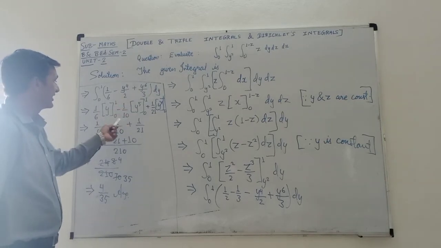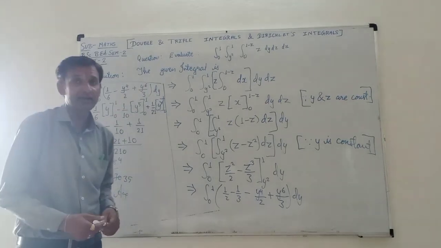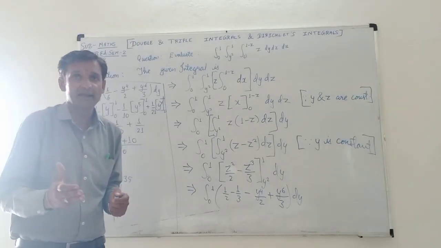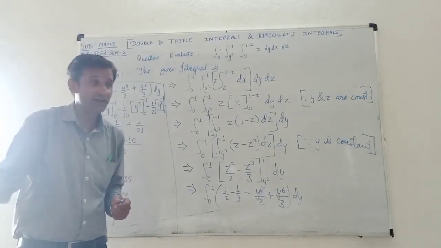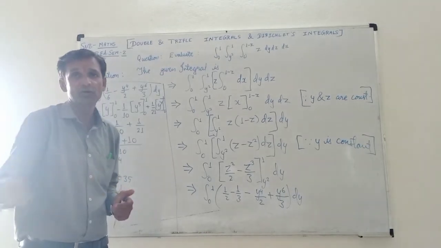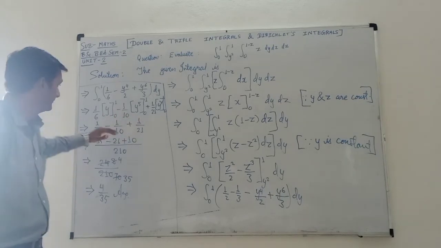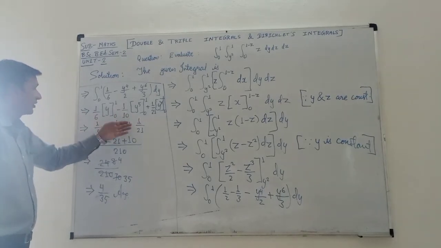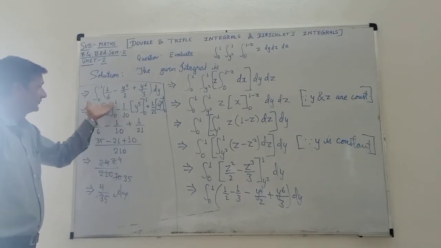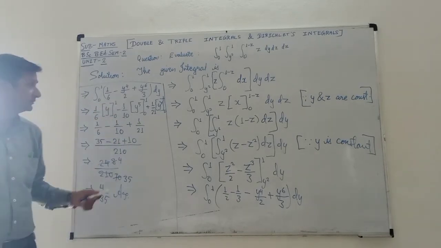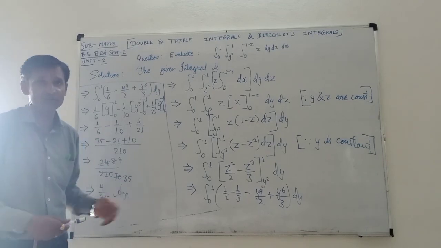And after integrating it, of course, integration you know very well. But with respect to which variable we have to integrate first, and in which sequence we have to go, that we should determine. So lastly, putting limits 1 and 0, you get the final solution. This is the conclusion for this type of questions.